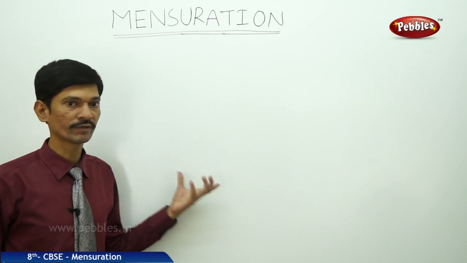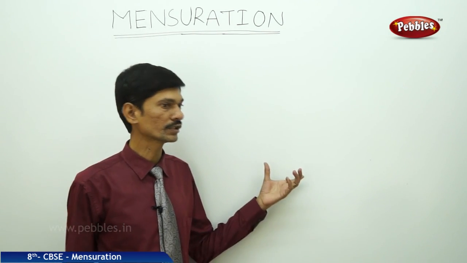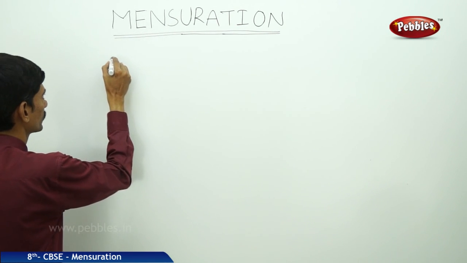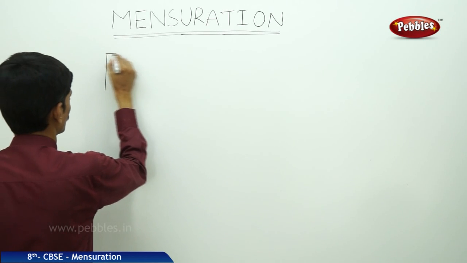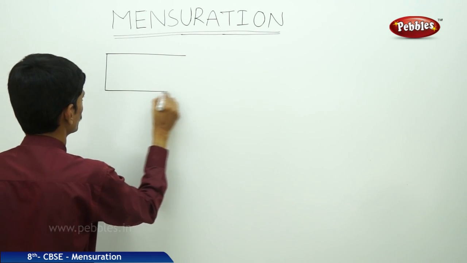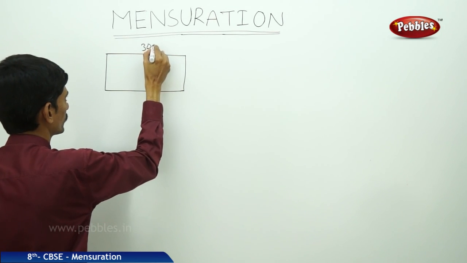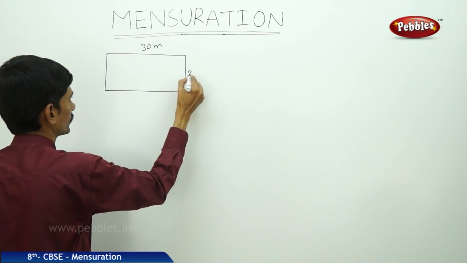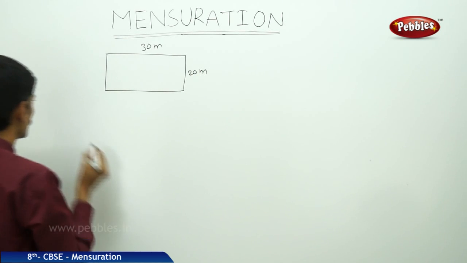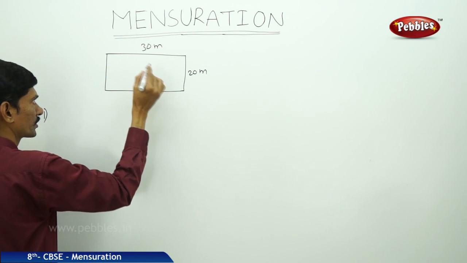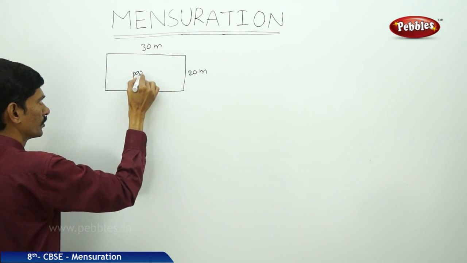Now let us recall our previous knowledge that we have learnt in the earlier classes. Consider a rectangular park whose length is 30 meters and breadth is 20 meters. What is the total length of the fence of the rectangular park around it?